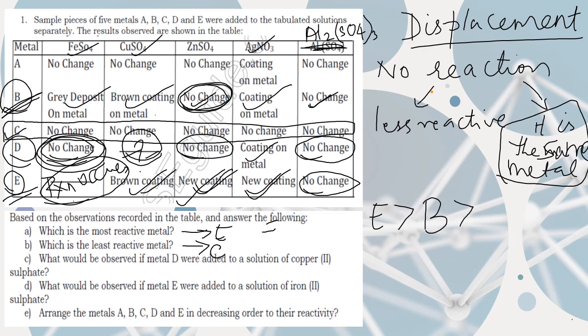So E is more reactive than B. B is more reactive than D because we know the reaction will take place here. So here D is displacing 2 metals, copper and silver.